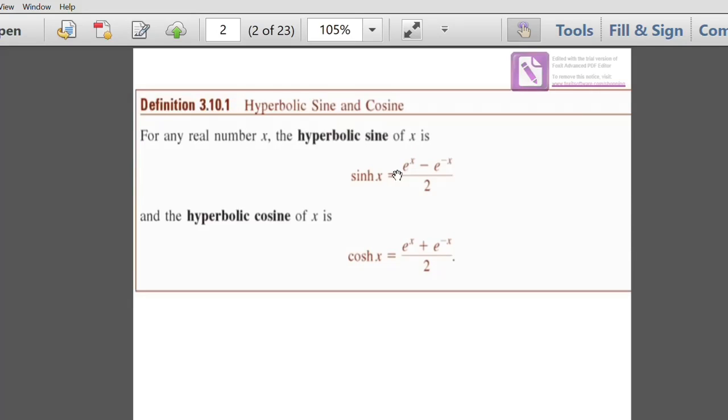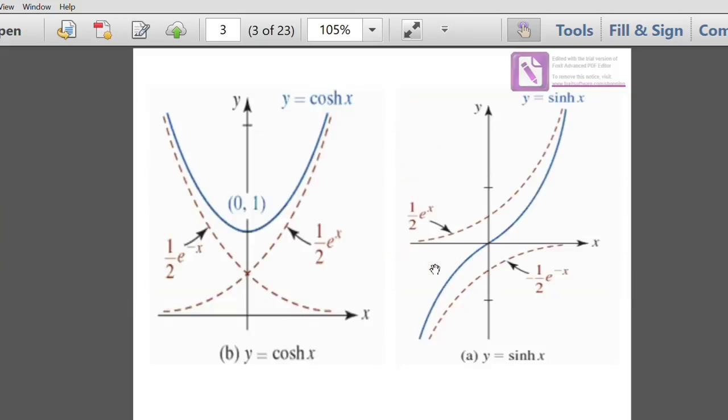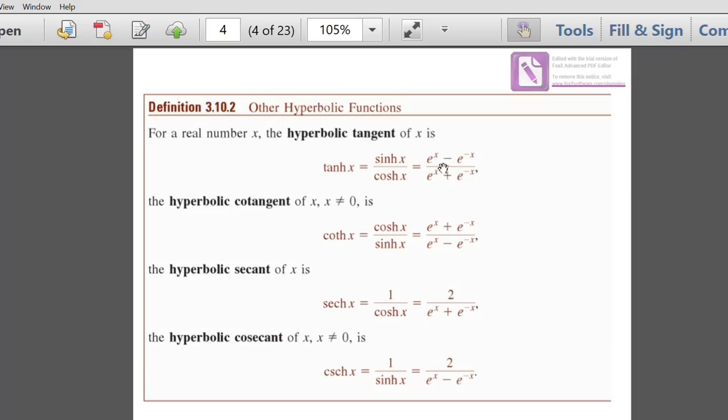So if you divide sinh over cosh, it will be exponential of x minus exponential of minus x, divided by exponential of x plus exponential of minus x, where these two will cancel with these two. So that's why here we have the hyperbolic tangent of x is equal exponential of x minus exponential of minus x divided by exponential of x plus exponential of minus x.